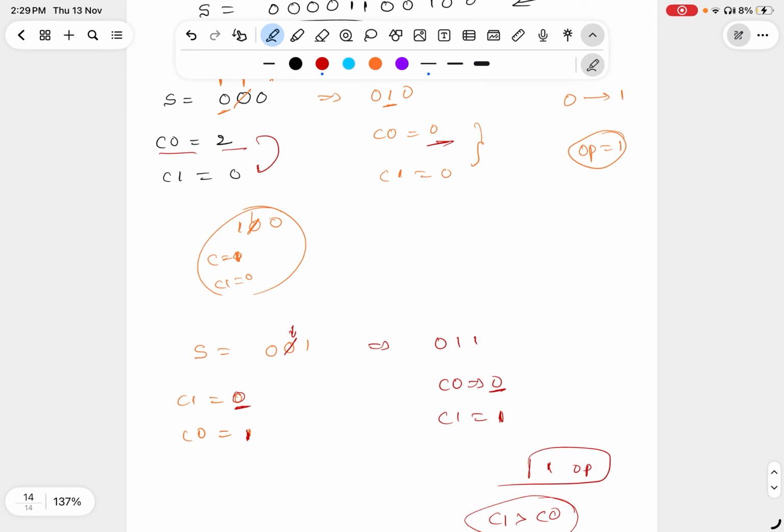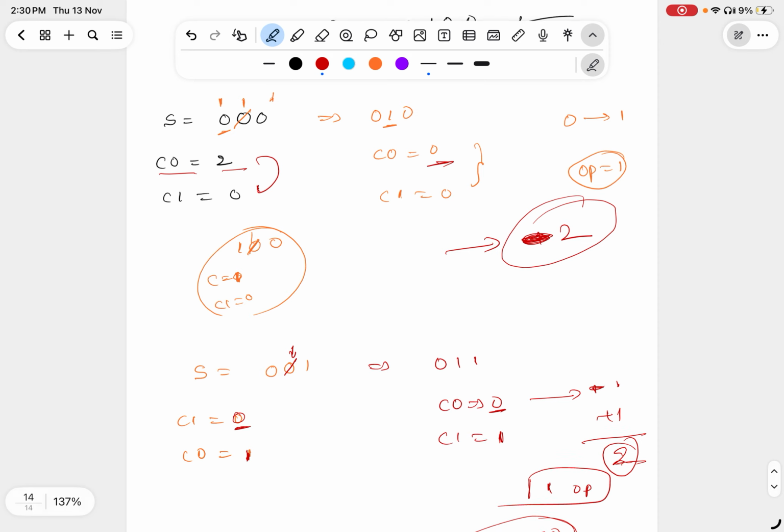Here it decreased by 1 and increased by 1. So the absolute change is 2 here, and it was also 2 in the other case. So the absolute change is 2 in both strings.